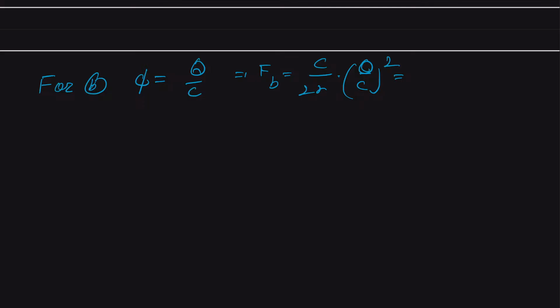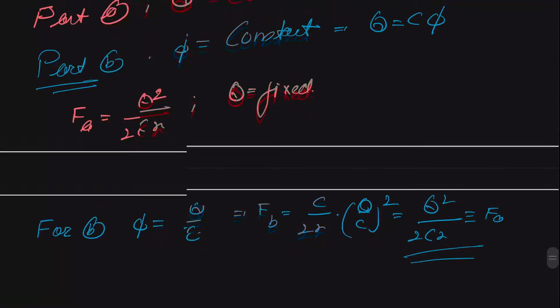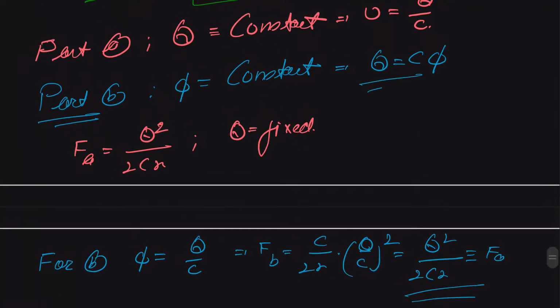And this comes as Q square upon 2Cx, which is nothing but our F of A. So it means the value of force is the same. Okay, it is not going to change. So F of A is equal to F of B. We can do the reverse also. We can put charge is equal to this. We can put this particular equation also and prove that F of A is equal to F of B.